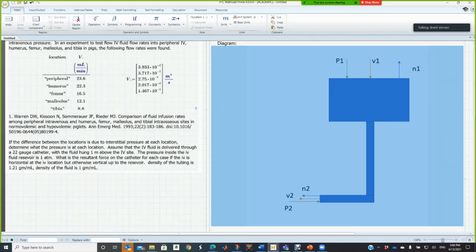You can imagine the IV bag compared to the diameter of the tubing. We're going to call this zero. But now there's a pressure here, and then here's the unit vector at this end of the system. And then you've got the unit vector, the velocity, and the pressure down here at the other end. So that's the system here.